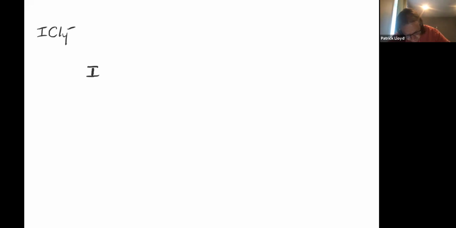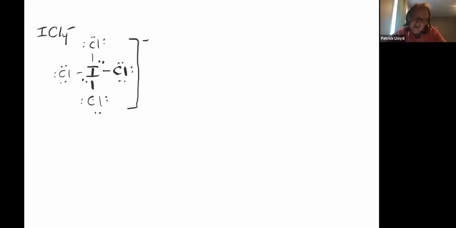You've got 4 surrounding atoms. If you go through the whole Lewis structure, I'm just doing this because I've done it so many times. It would presumably take you longer to do the Lewis structure. But what you end up with is kind of extra electrons here. So I think you have 2 lone pairs here. And then the whole thing is negative. But let me check that because I'm not positive about this.